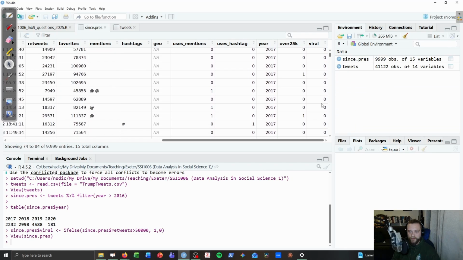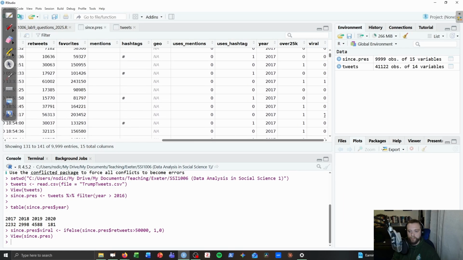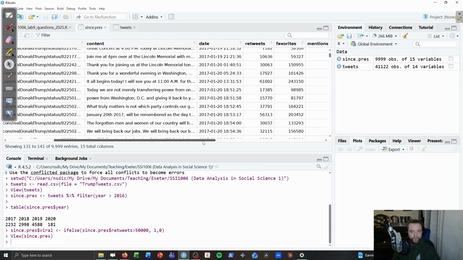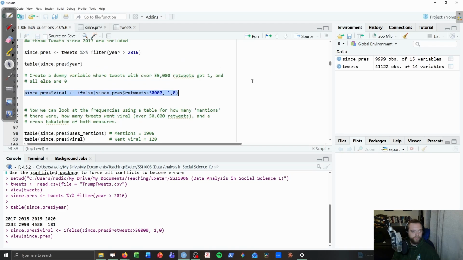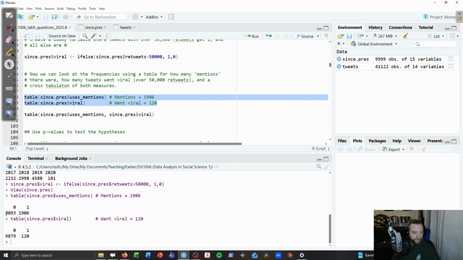Now this mostly codes as zeros, but we can see some ones here for when retweets is over 50,000. The first thing we're going to do here is just look at a table. We can see that the number of tweets that use mentions is smaller than the number of tweets that don't.